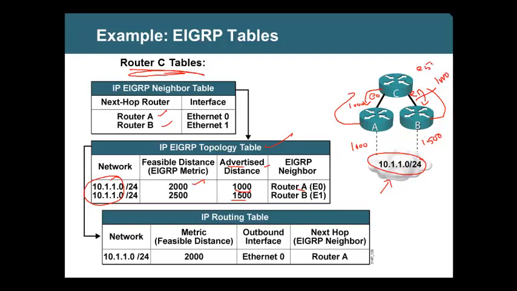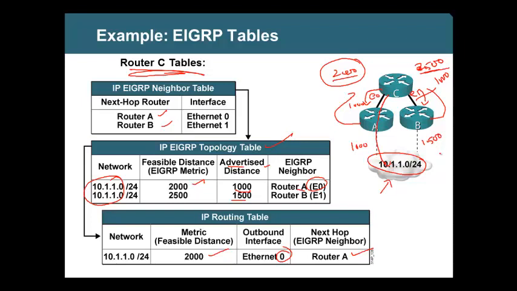This way 2500 is the total. This way 2000 is the total. Now we all know it compares the metric and picks only the low metric path. So the low metric path is via E0 via router A. A is the gateway. So this is the elected path.